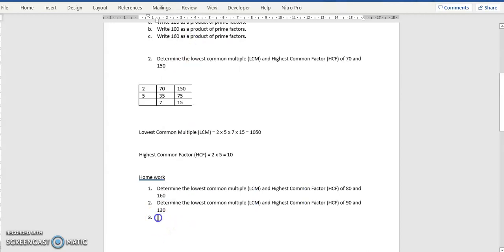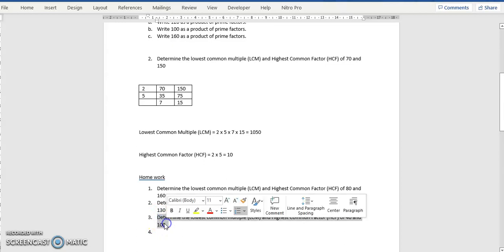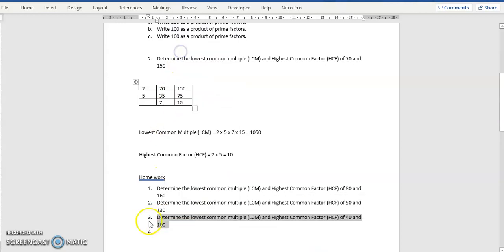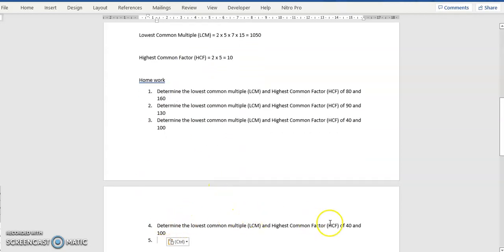Okay, the last one. I'm making this one 40, and let's make this one 100. Last one, so that it is 4. I'm increasing this into 50, and I will make this one 125. Good. We are good to go.